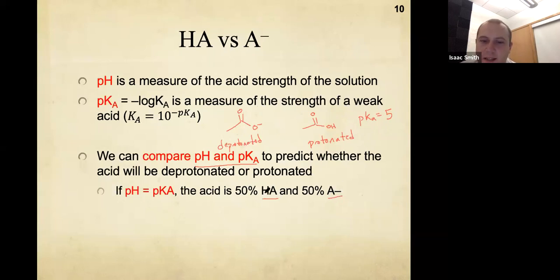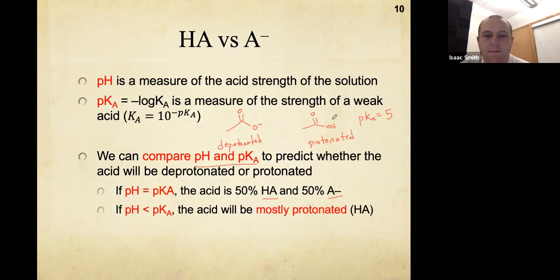A is acid, H is if there's a proton on it or not. So if this carboxylic acid was placed in a solution that had a pH of 5, then the pH equals the pKa, and if you had 100 of these molecules, 50% of them would be deprotonated and 50% of them would be protonated. And that's what it's telling us.